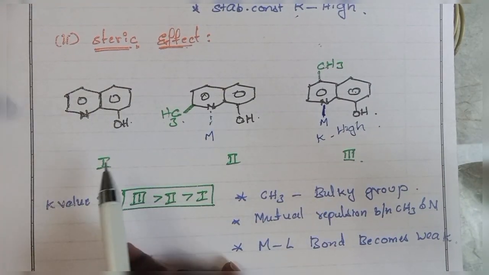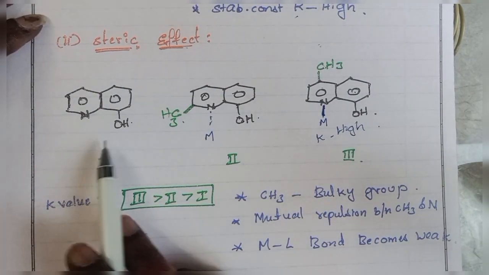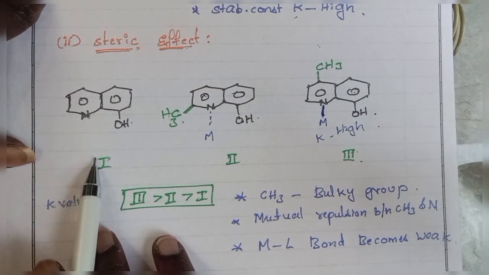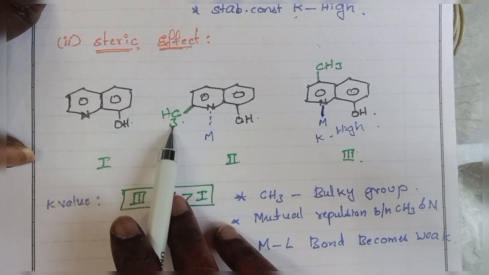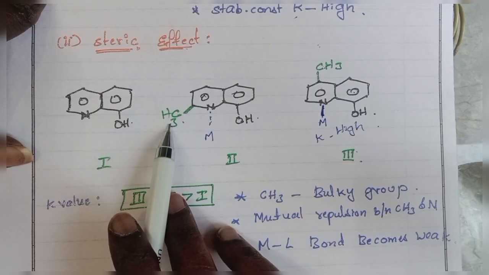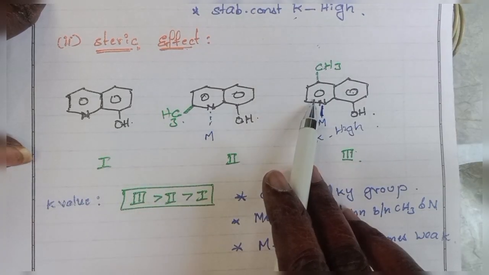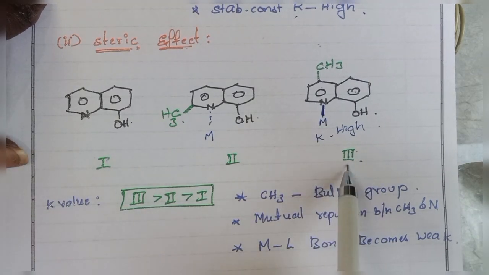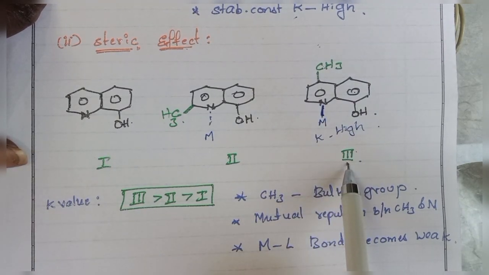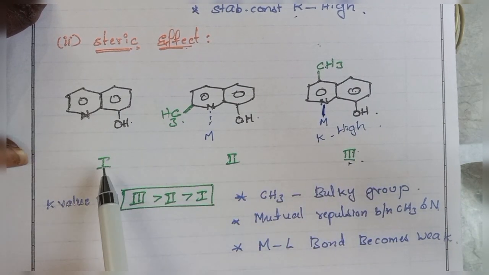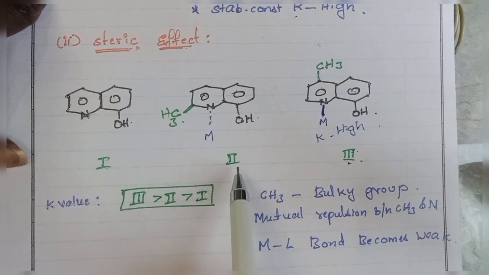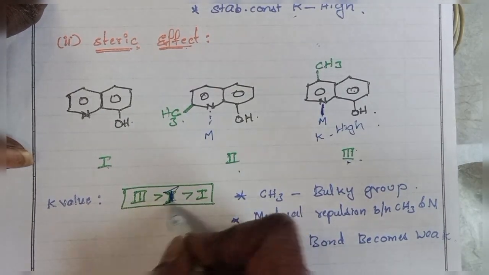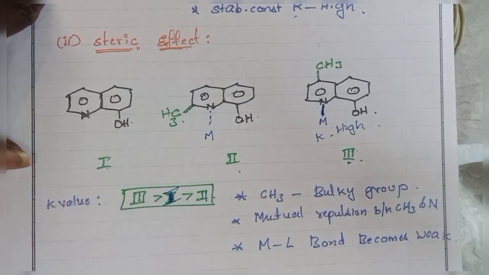If we compare the stability constant values of these three ligands, one is 8-hydroxyquinoline, this one is methyl substituted at the second place and here methyl is substituted at the fourth place. So the third one has a higher stability constant value than the first one and then the second, right?